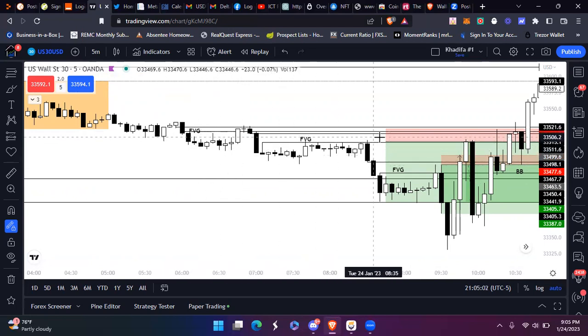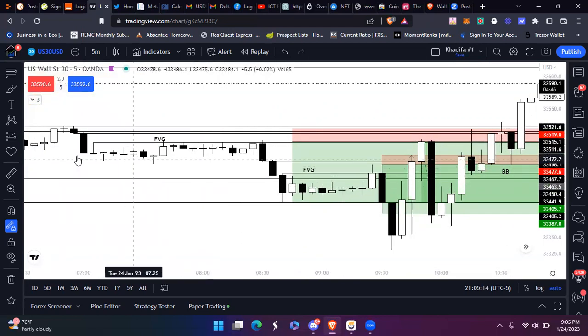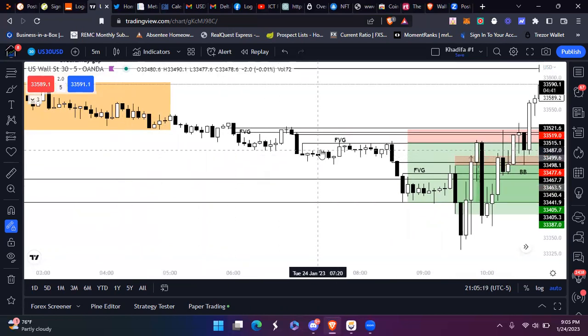You can see price swung back up here into that fair value gap and gave you another sell off. You want to look to see if another fair value gap was created within that move, and indeed it was here. And so you want to put your entry within this fair value gap.